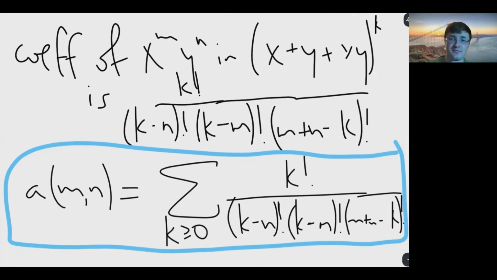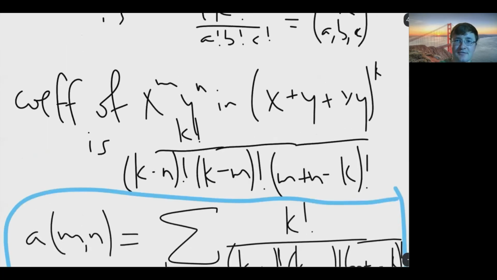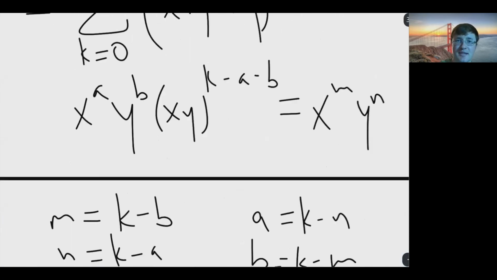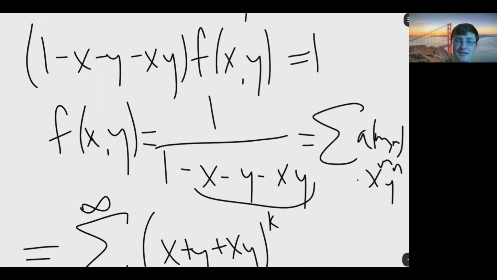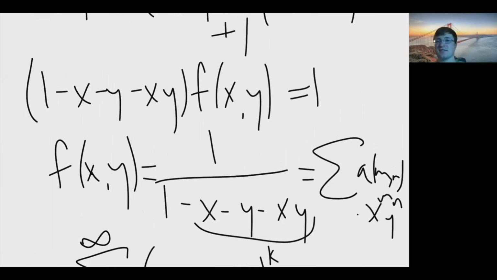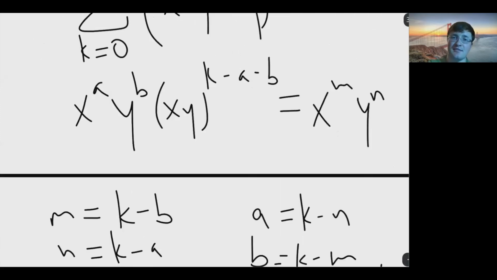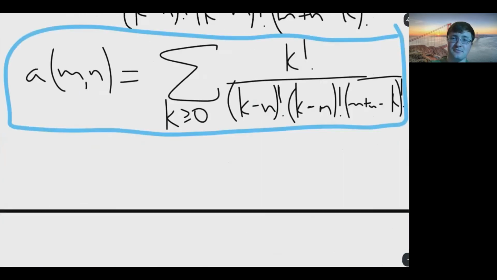Okay, now there's one other nice little way of finding AMN. So let me go back up here. Before we took this x plus y plus xy and used a geometric series, but we could also use a geometric series in a different way. So let me go down and rewrite this function.